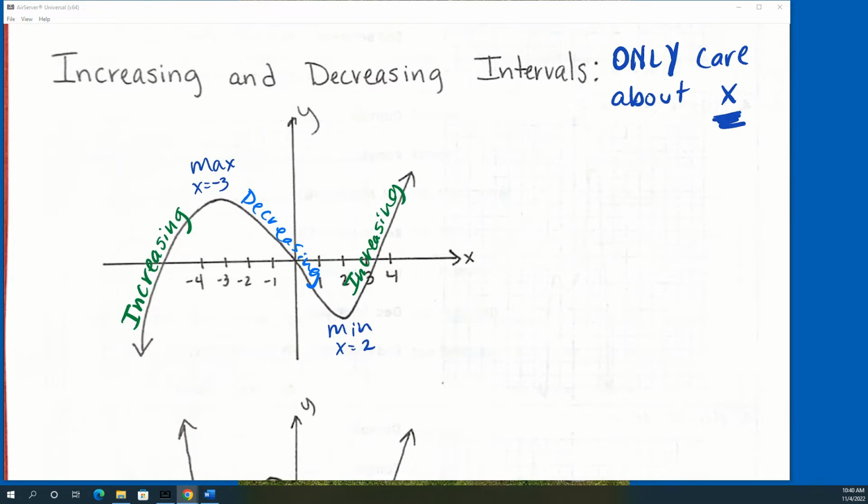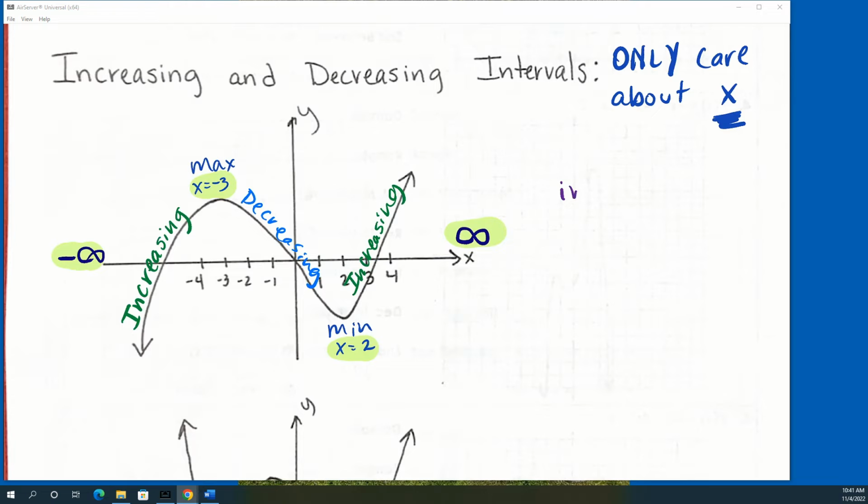Positive infinity. So I'm going to put an infinity on the right of my x-axis. What about forever to the left? Negative infinity. So I'm going to put a negative infinity on the left of my graph. And so these numbers right here are the only numbers for this problem that I'm going to use in my intervals: only the x's where it changes over from increasing to decreasing, or infinity or negative infinity.